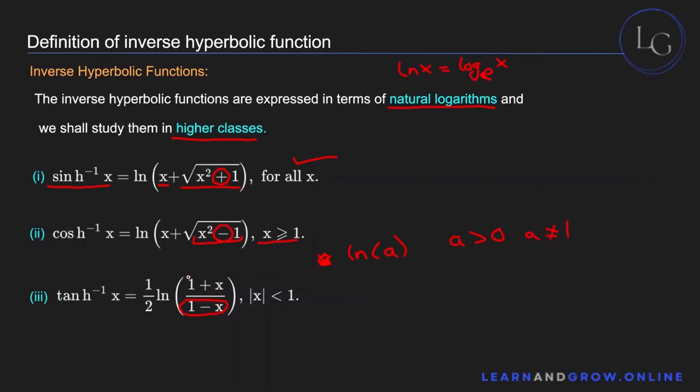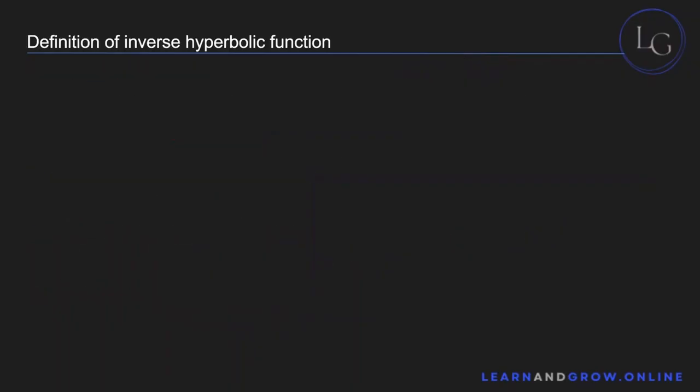And over here, you must fulfill that condition on this entire term, 1 plus x over 1 minus x. And these two conditions can only be fulfilled if the absolute value of x is less than 1. So basically, this states that x must be greater than negative 1 and must be less than 1, okay? So, yeah. This is basically the 3 inverse hyperbolic functions.